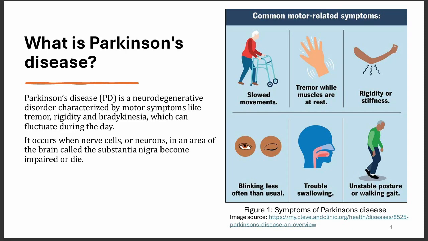These neurons are responsible for producing certain neurotransmitters, and when these neurons die, the neurotransmitters aren't produced anymore, and this leads to the symptoms of Parkinson's disease. The common motor-related symptoms include slowed movements, tremor while muscles are at rest, rigidity or stiffness, blinking less often than usual, trouble swallowing, then unstable posture or walking gait.